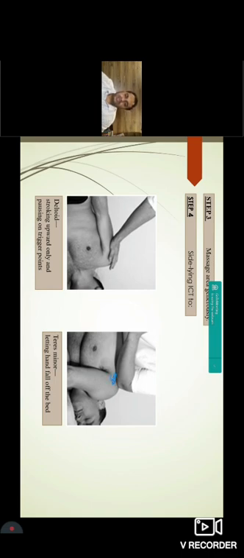The latissimus dorsi also passes like this, posteriorly, right, like that. That's the latissimus dorsi. Then you have the teres major.